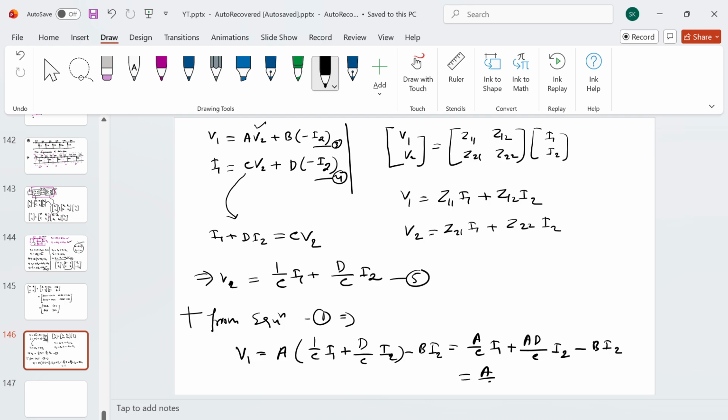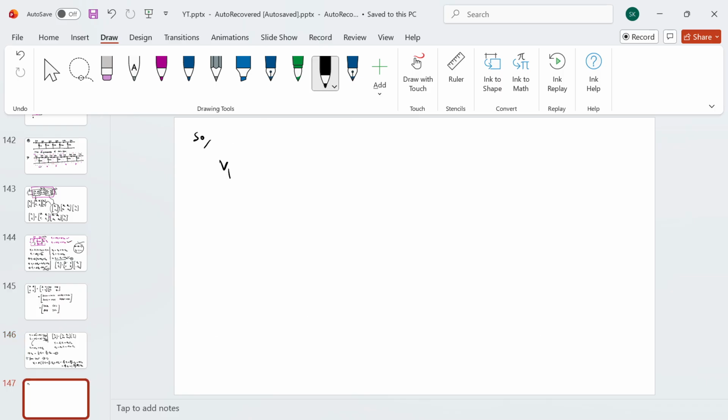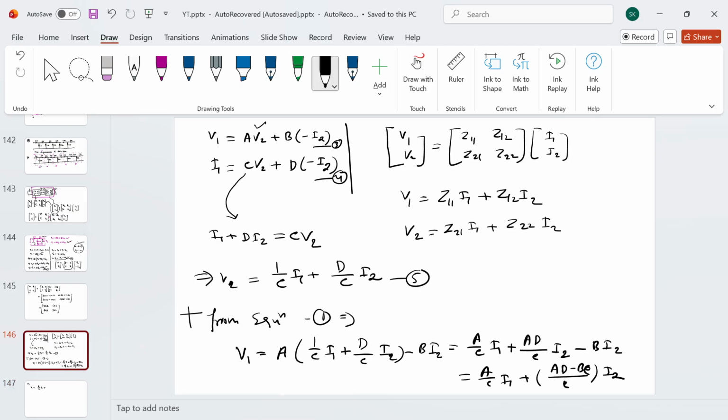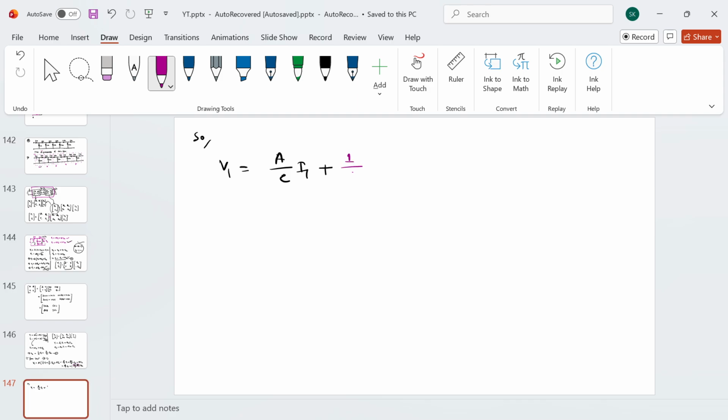So A by C I1 plus, taking the common C, AD minus BC I2. And AD minus BC is 1. So V1 is equal to A by C I1 plus 1 by C I2. So this is my another equation.